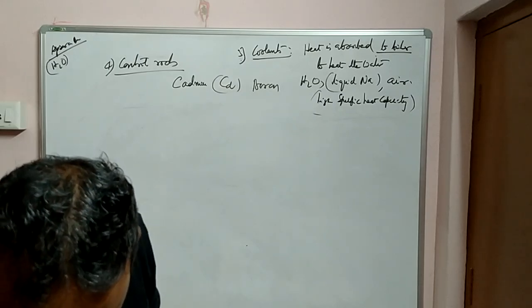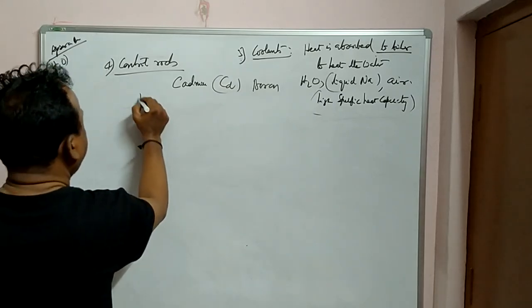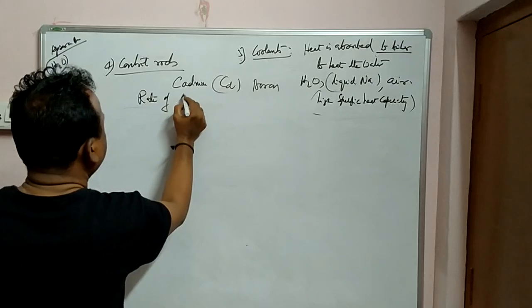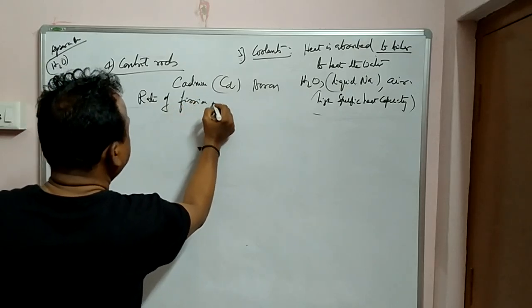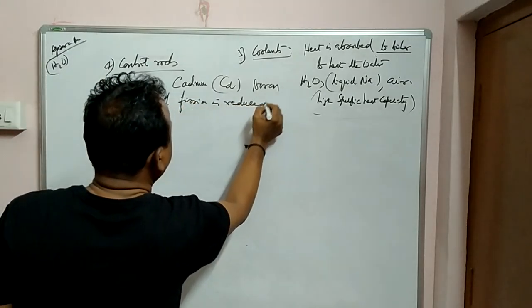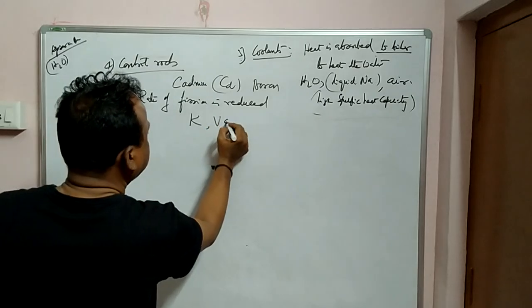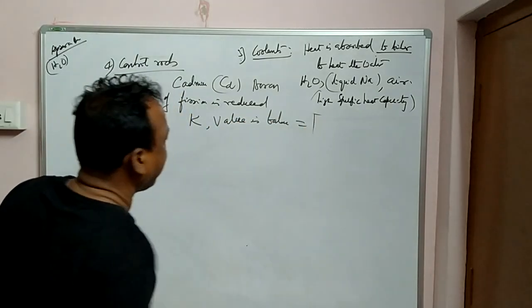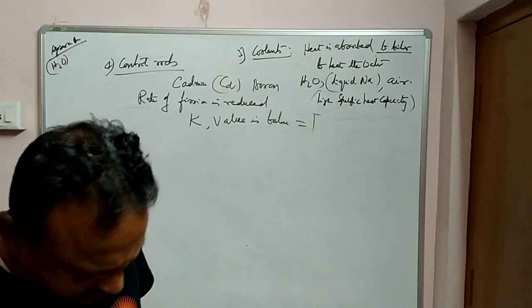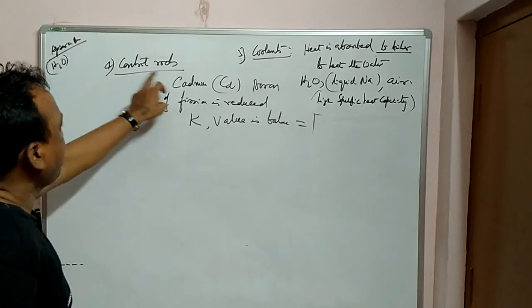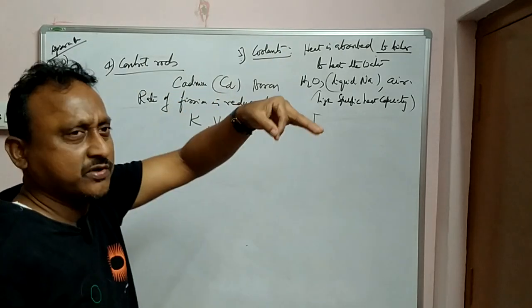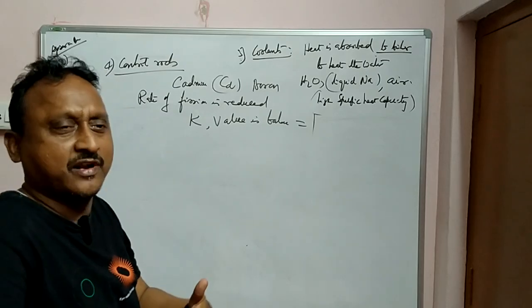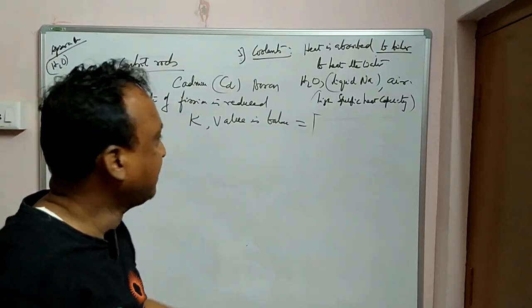That means it reduces the rate of fission. The rate of fission is reduced, so the K value is balanced to nearly 1. So cadmium and boron rods are introduced, and they absorb the excess neutrons released in the fission reaction.